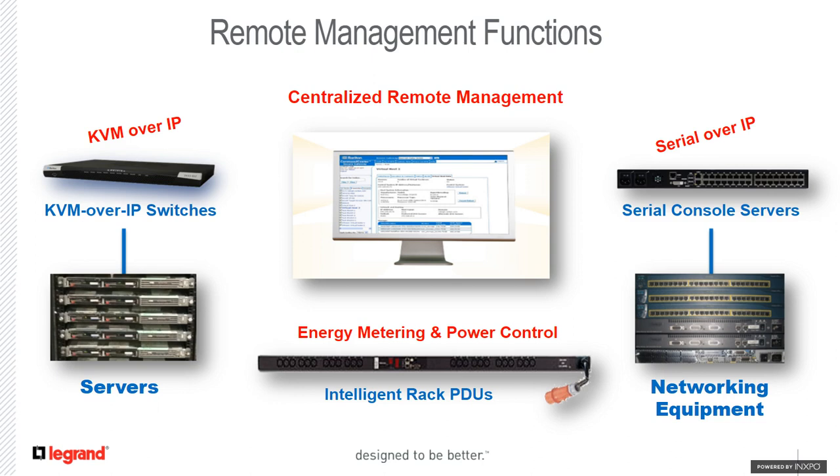Okay, centralized remote management is the ability to connect to work through, say, the KVM over IP switch and Serial over IP switch to access that equipment and to do that from a single system.